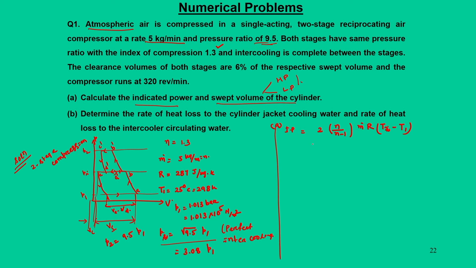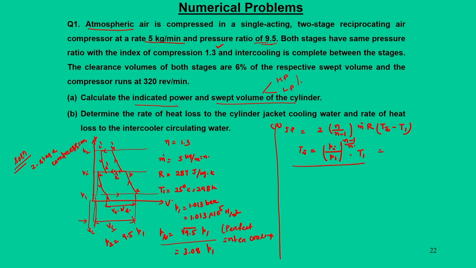So, T2 or Ti would be (Pi by P1) to the power (n minus 1) by n into T1. So, that is the law of compression.